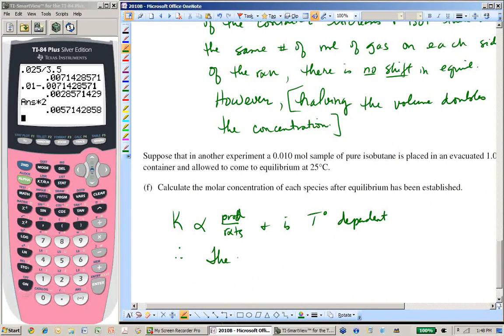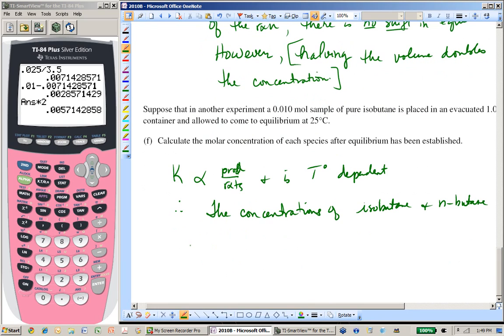Therefore, the concentrations of isobutane and N-butane at 25 degrees Celsius, or 298 Kelvin, are the same as above.